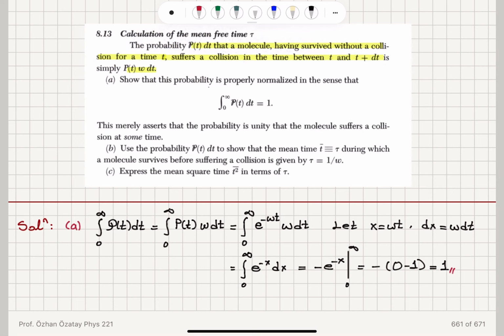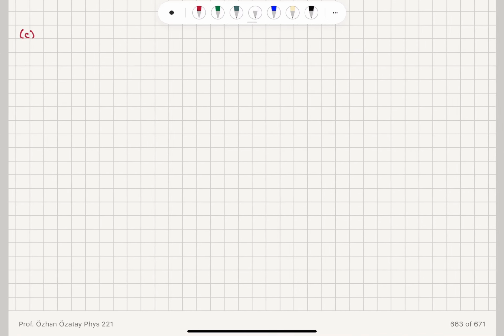Part C, express the mean square time in terms of tau. Now, mean square time, t square bar, is the integral from 0 to infinity of t square p of t omega dt. Now I have omega t equal to x, so t is equal to x over omega, and omega dt equals dx.